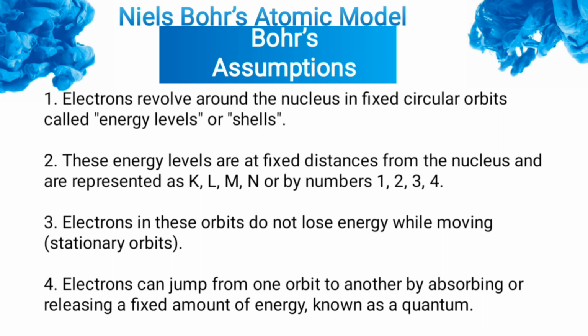The third one is electrons in these orbits do not lose energy while moving in stationary orbits. And the fourth one is electrons can jump from one orbit to another by absorbing or releasing a fixed amount of energy known as a quantum.